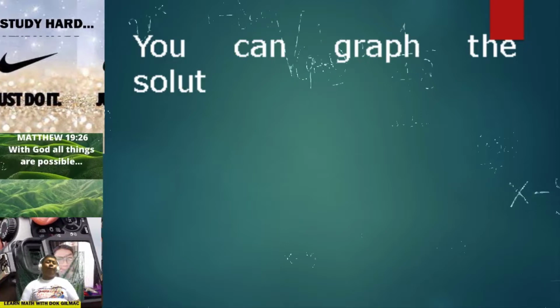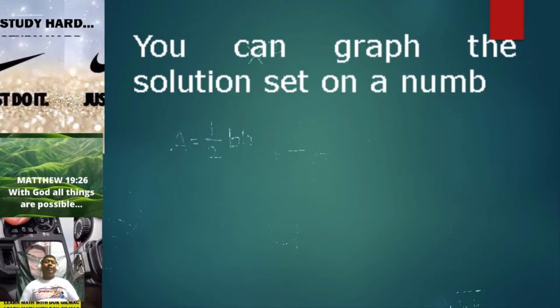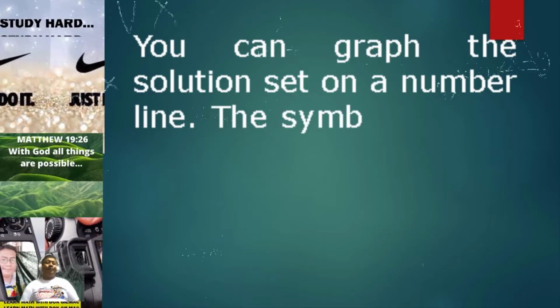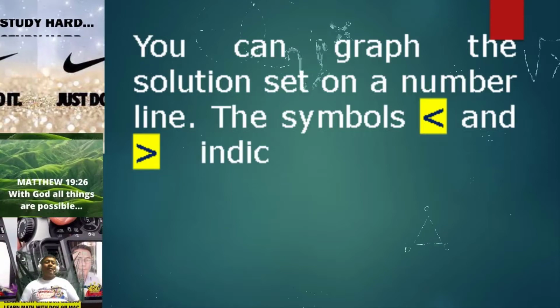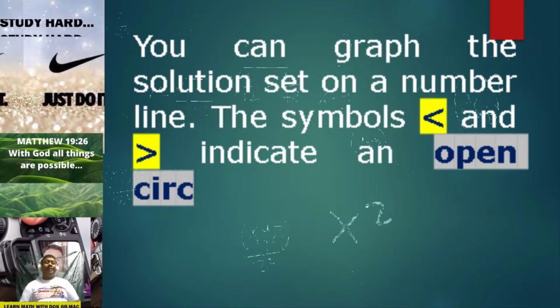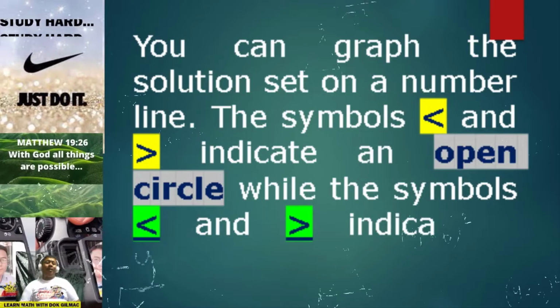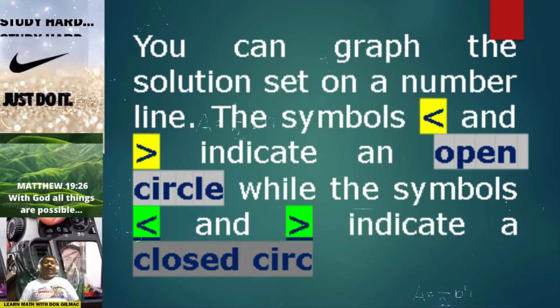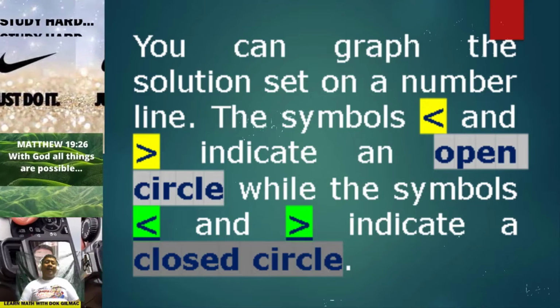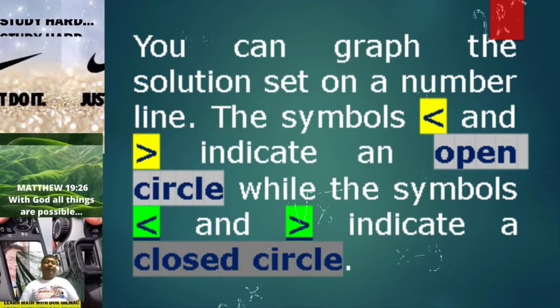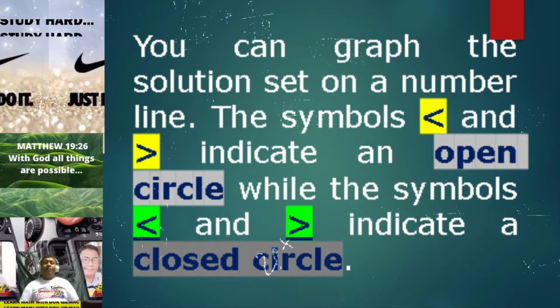You can graph the solution set on a number line. The symbols less than and greater than indicate an open circle, while the symbols less than or equal and greater than or equal indicate a closed circle.